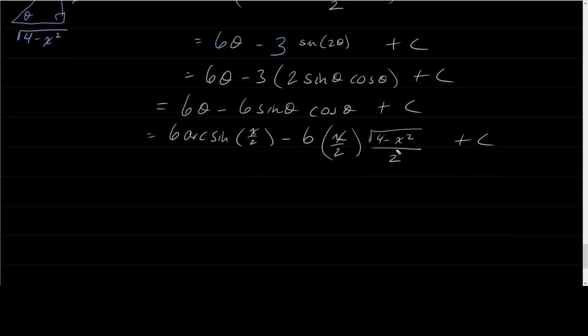Let's reduce a little bit. So we have 6 arcsine of x over 2 minus 3 halves x times radical 4 minus x squared plus c. And that would be the final answer.